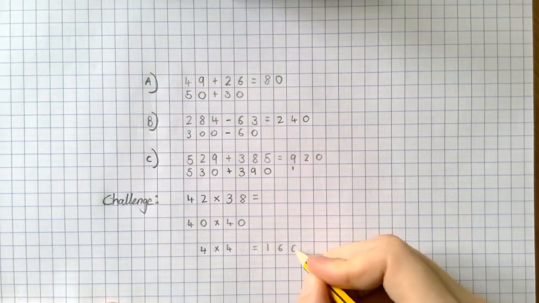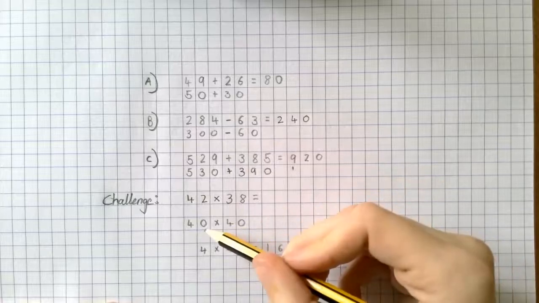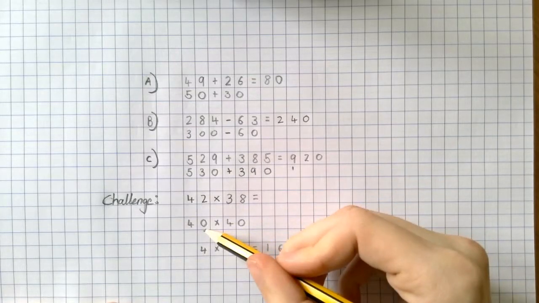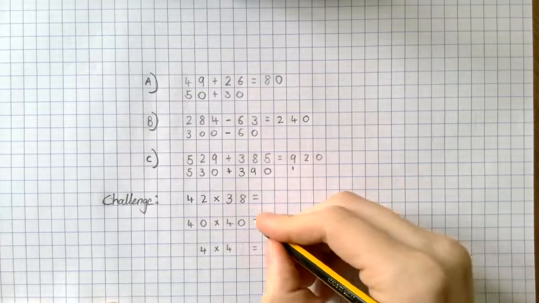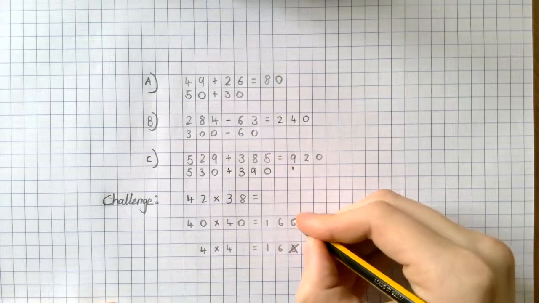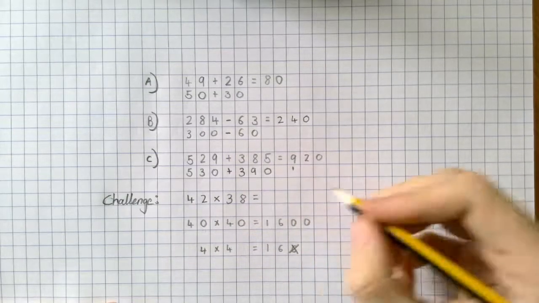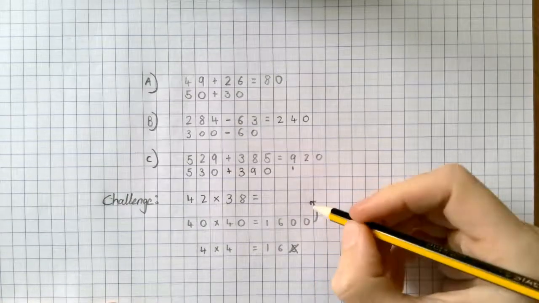Oh, don't want to put those on yet, just 16. And then because my answer's got 10 times bigger, because it's gone from 4 to 40, twice, that means it's got 100 times bigger. I'm going to reflect that in my answer. So the rounded answer should have been 1,600.